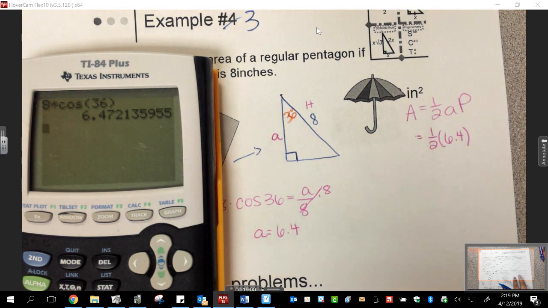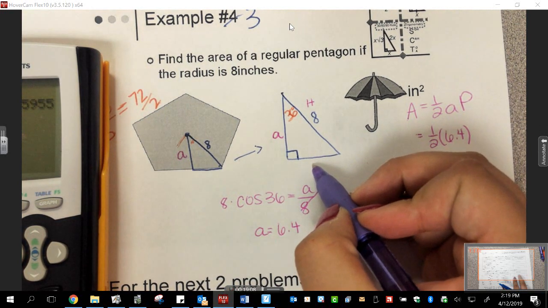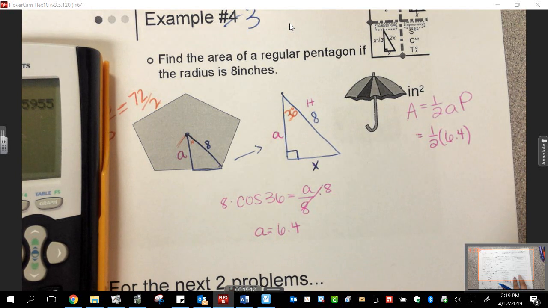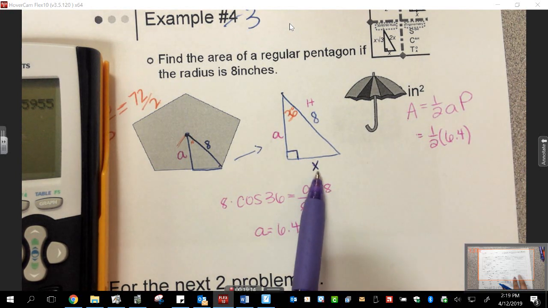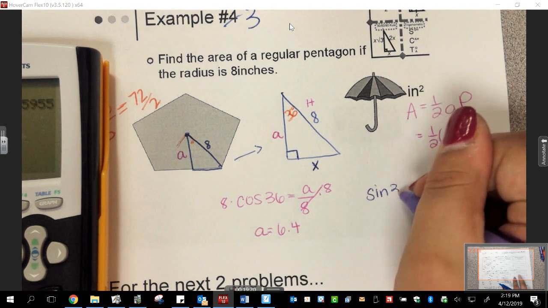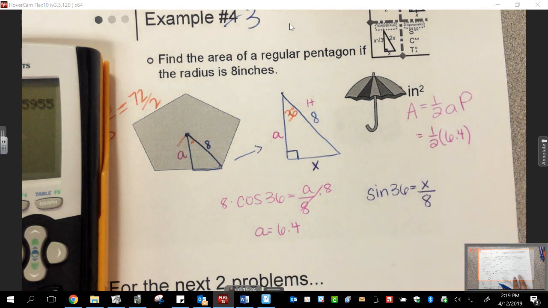How am I going to find my perimeter? Well, what would I do? Don't I need to find this? So I'll call it X. Shh, y'all. And if I call this X, what am I going to use to find this? So I'm going to use sine of 36 equals X over hypotenuse.